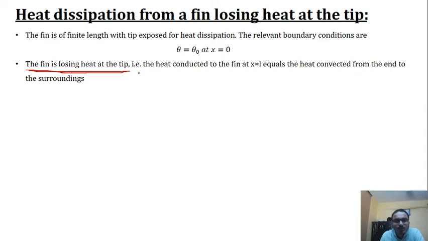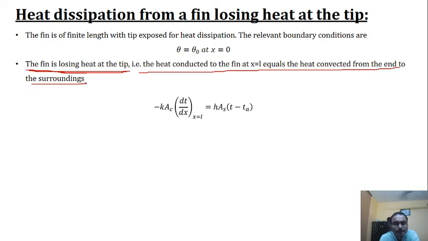The heat conducted to the fin at x equal to L equals the heat convected from the end to the surrounding. So the conduction heat transfer will be equal to convective heat transfer. It is like minus kAc dT by dx at x equal to L is equal to hAs (T minus Ta).